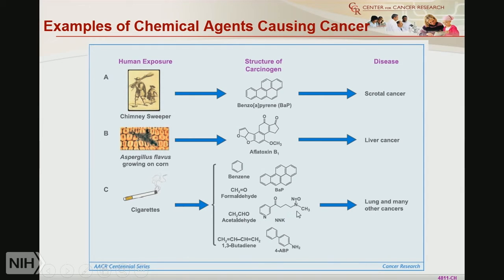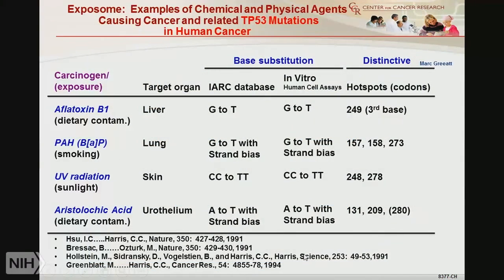Cigarette smoke contains about 65 different chemical carcinogens, and it's a witch's brew of carcinogens. As I mentioned, there's now evidence that these carcinogens can in fact cause specific mutations in genes, including the P53 gene. So aflatoxin exposure, this was the first one that we examined, causes mutations in the P53 gene at codon 249. So there's a molecular link between the environment and, in this case, a tumor suppressor gene.